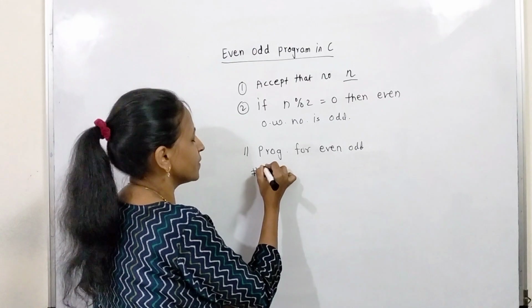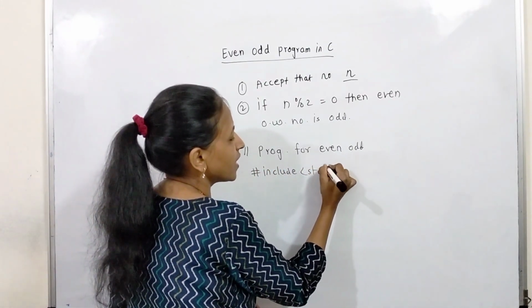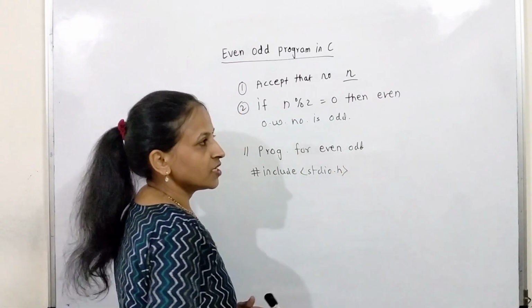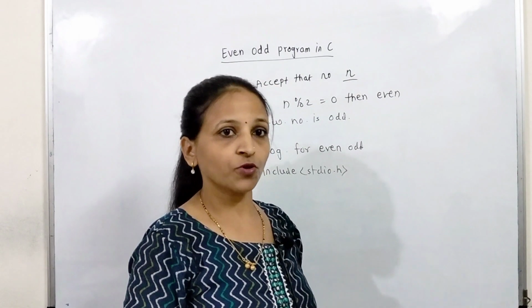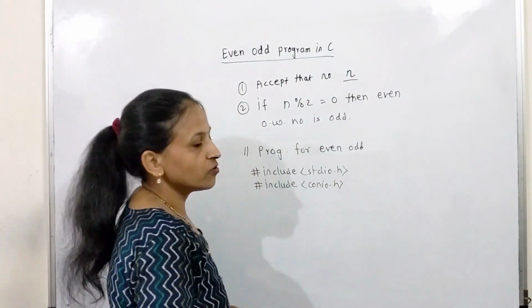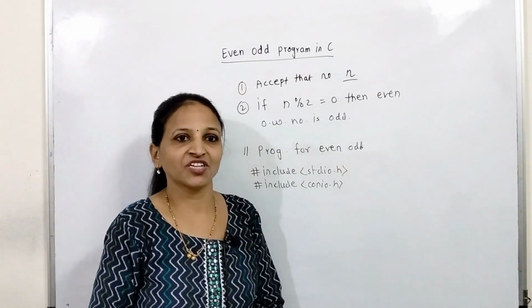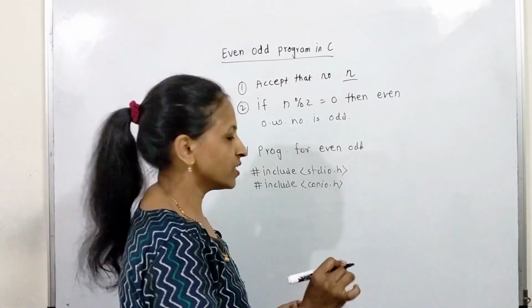That is always compulsory. Hash include stdio.h. If you are using the Turbo C compiler, then use conio.h also. Now the next step is we have to write the main function. Here you can write int main or void main, anything.